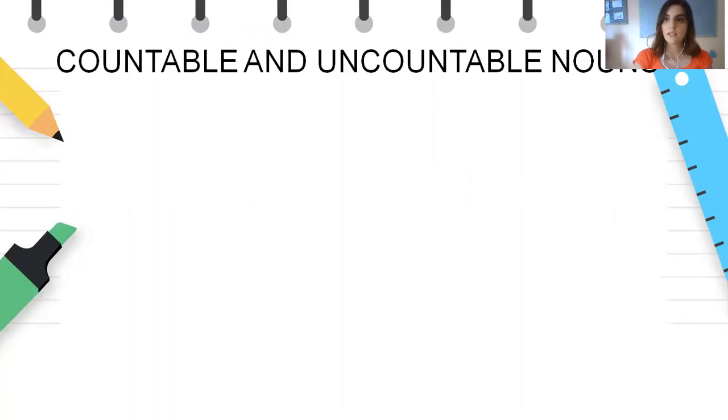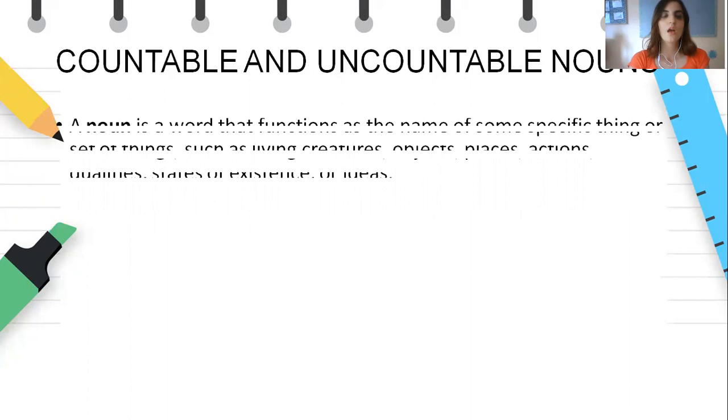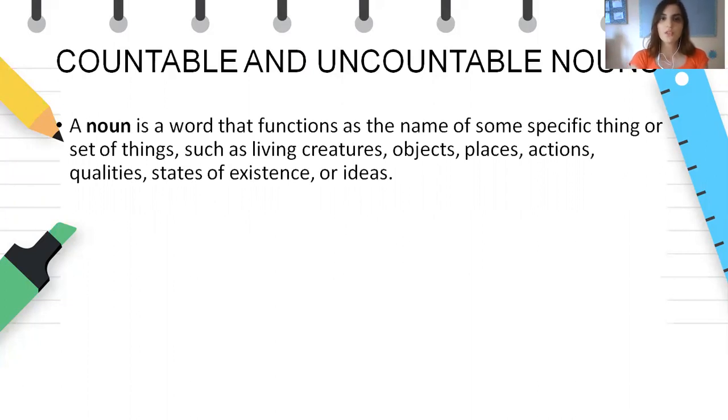First, let's see what a noun is. A noun is a word that functions as the name of some specific thing or set of things, such as living creatures, objects, places, actions, qualities, states of existence, or ideas.